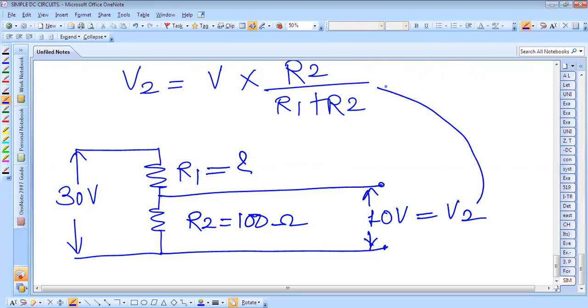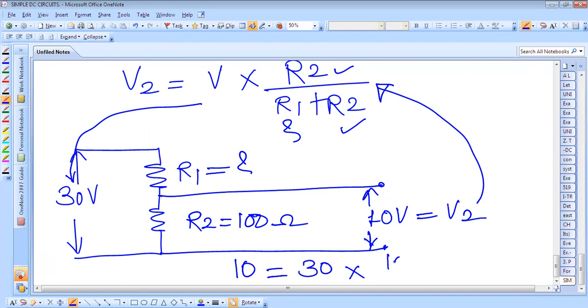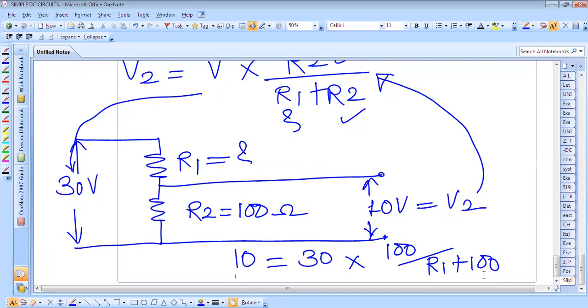So can you use this formula? Yes, we can use this formula because we know R2 here, and we know the total voltage and V2. So V2 is 10, equal to total voltage 30 into R2, which is 100, divided by R1, which we have to calculate, plus 100.